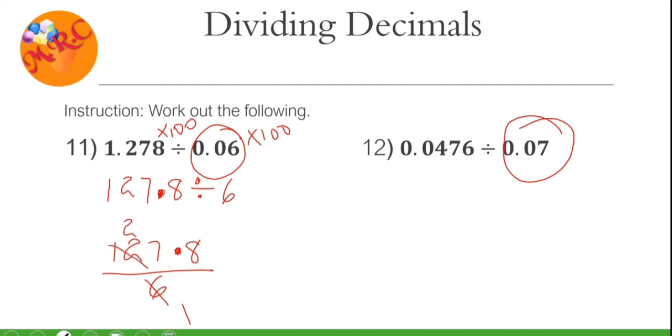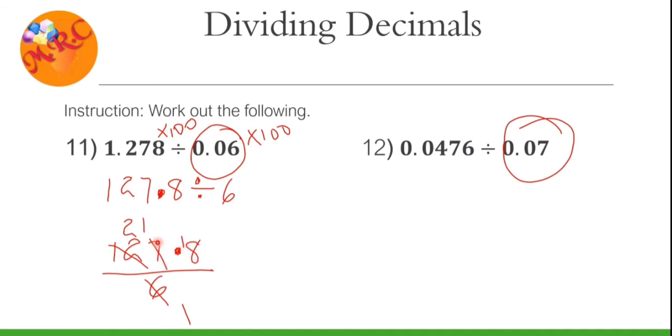And we're going to continue and say 6 into 7, and that will give us 1, remainder 1. We take that remainder 1 and put it with the 8 here. So we're carrying that set of 10 over to the 8. So now we have 18 here.